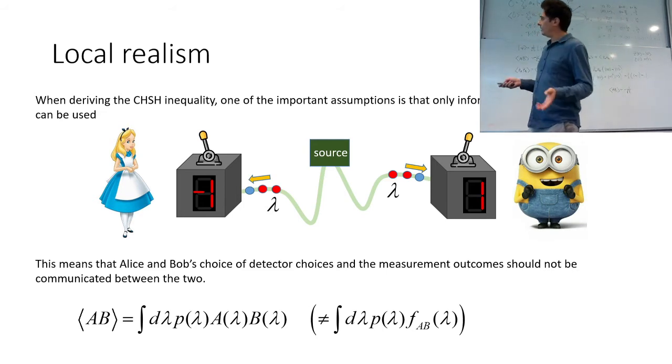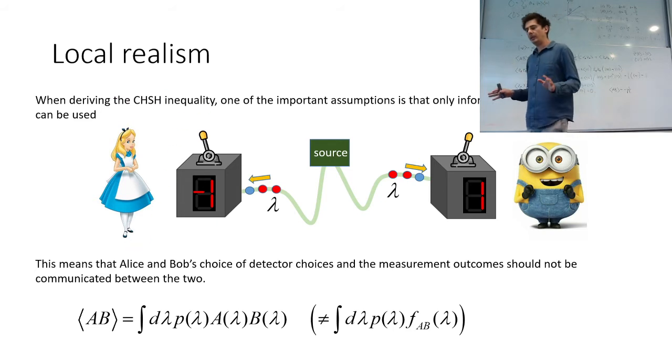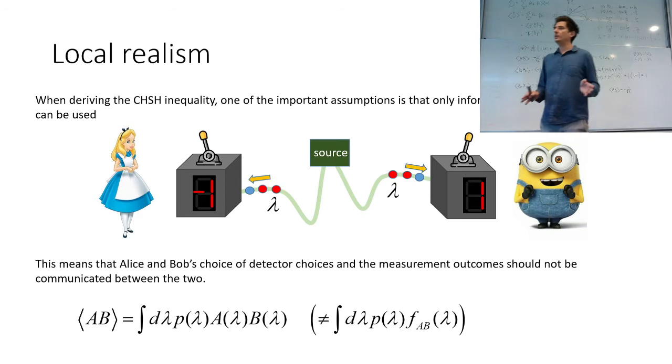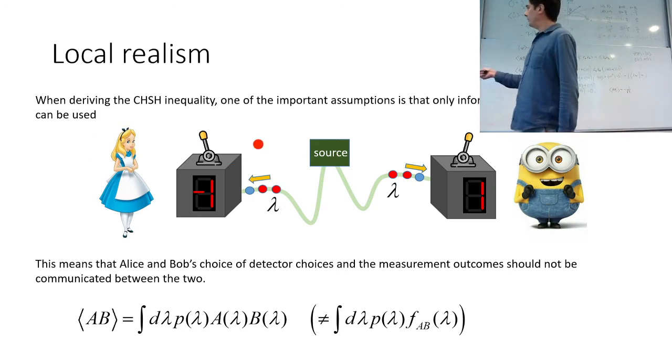So, as I said, this original CHSH is really purely a statement of probabilities, right? And with some key assumptions, it should be a completely general statement about any kind of probabilities of independently measured systems, right? Because these people are far away from each other.